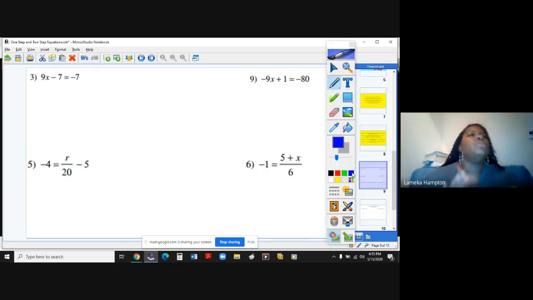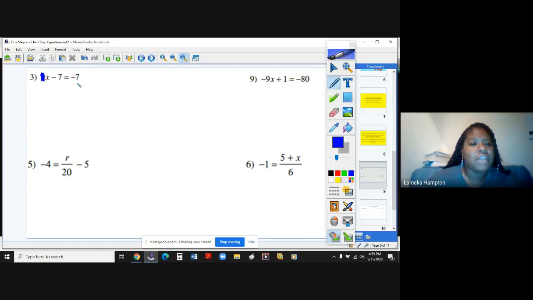Shout out to blue. All right, so remember, with one-step equations, we only dealt with, and I'm just marking this out here, okay? Simply because with a one-step equation, we only had a variable plus or minus, multiplied or divided by another number, with an equal sign and the answer.